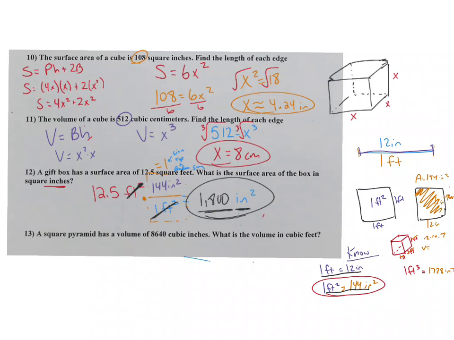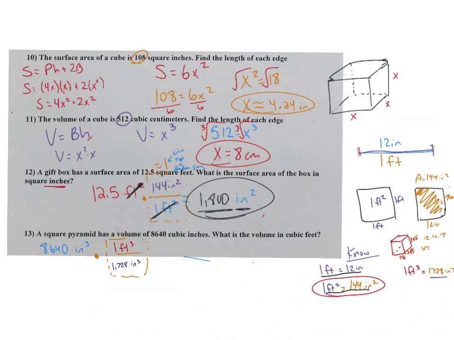So a pyramid has a volume of 8,640 cubic inches. So I'm going to multiply. Remember, whatever I do here, the top and bottom have to match. I put inches on the bottom, so I put 1,728 cubic inches on the bottom, and then that means the top is 1 cubic foot.